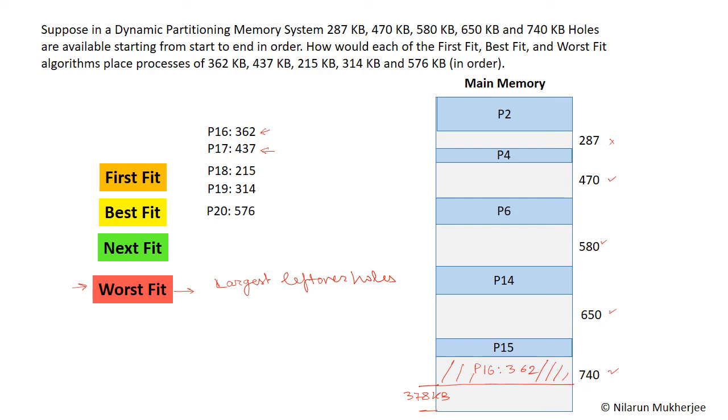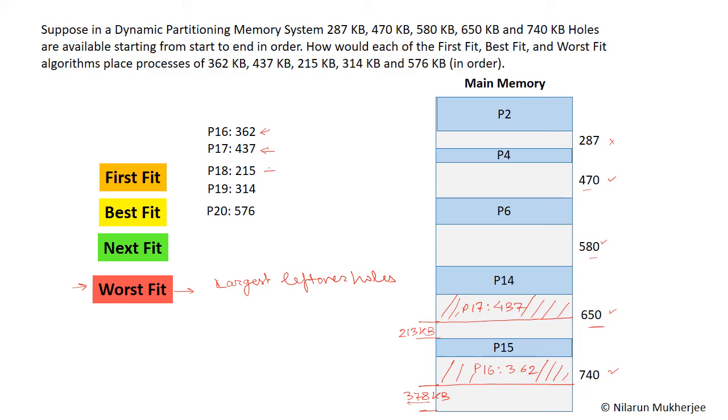Next process is 437. It will search from the beginning to the end, and it will find I have holes 378, 650, 580, 740, and this hole is not large enough. Among them, the biggest is 650, so it will load it here. P17, 437, will be here, and the leftover will be 650 minus 437, 213 kb.